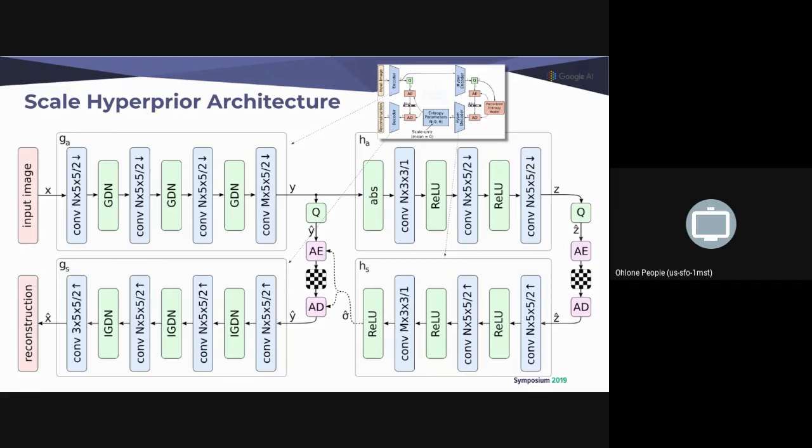And we have a small problem, and the small problem is how do we encode the bit stream for this secondary encoder? And we can use a factorized prior, again, making those very simple assumptions. Everything is independent. So we can use maybe a histogram or something to encode it.